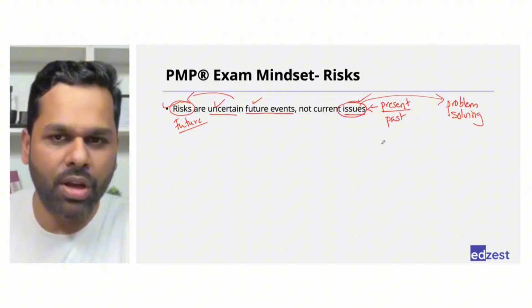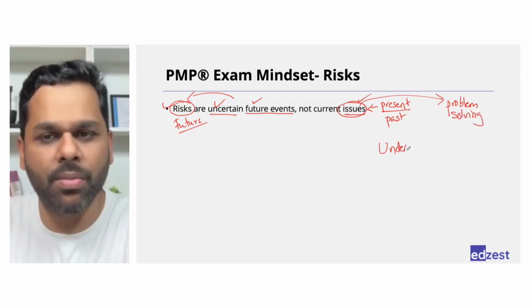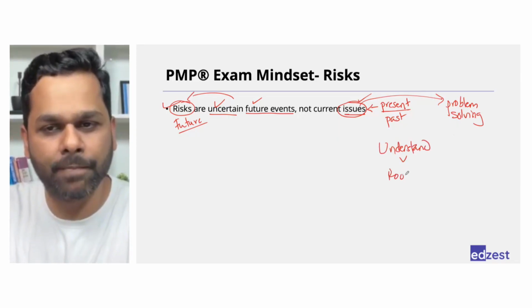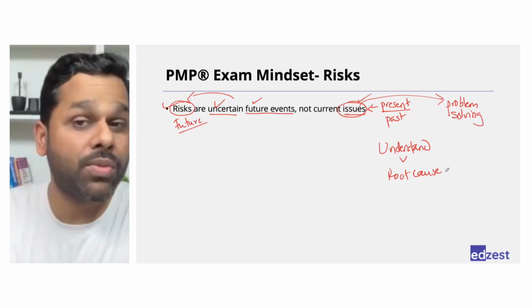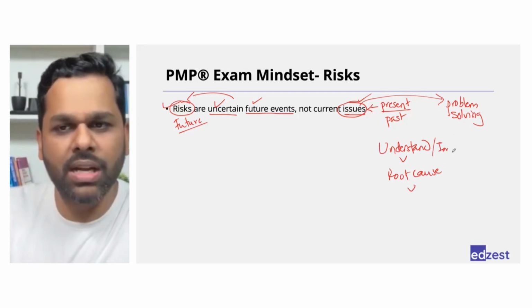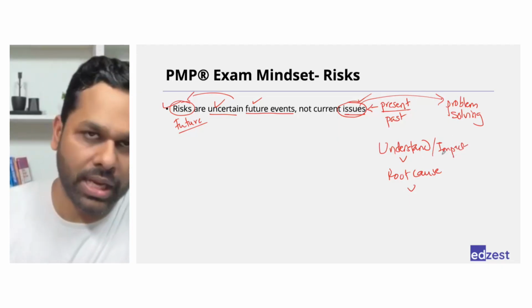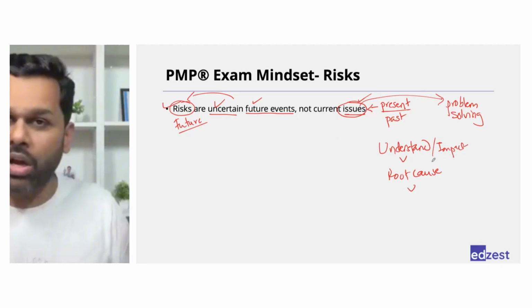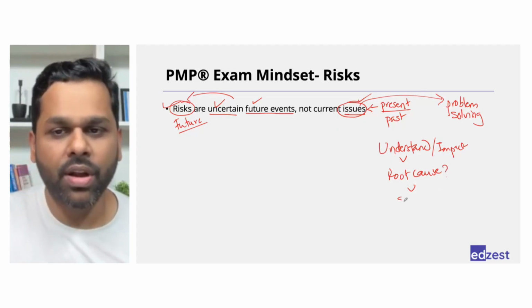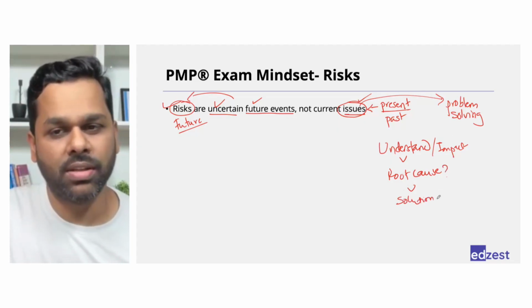In problem solving, first you try to understand the problem. Then you carry out the root cause analysis, which means why the problem happened. While you are understanding, you are also trying to understand the impact this problem will create. How will it impact the schedule? How will it impact the cost? After you have understood why the problem has happened, you figure out what could be the solutions.